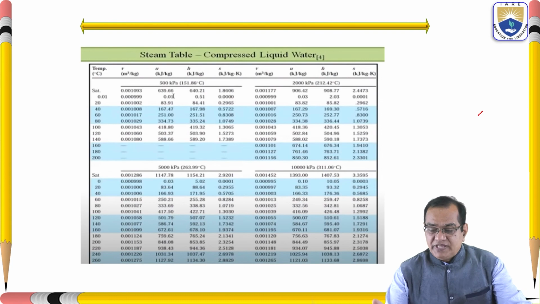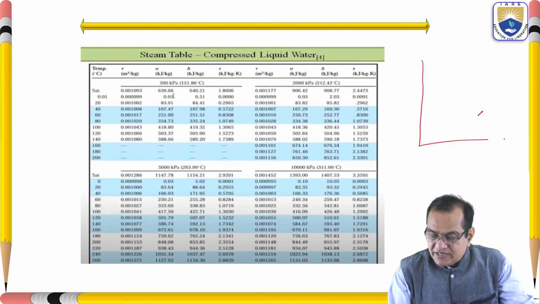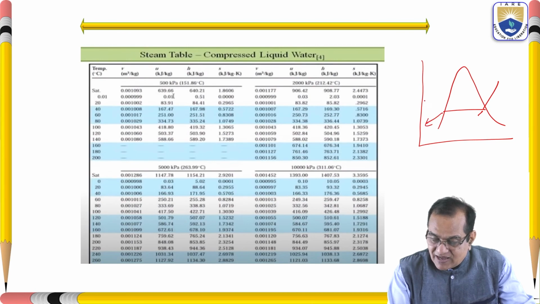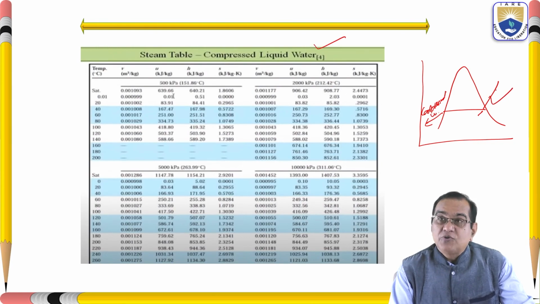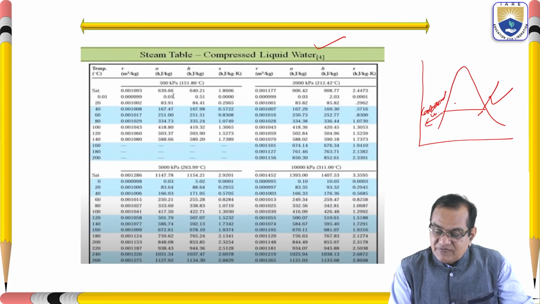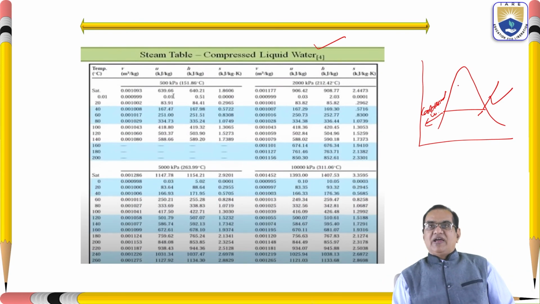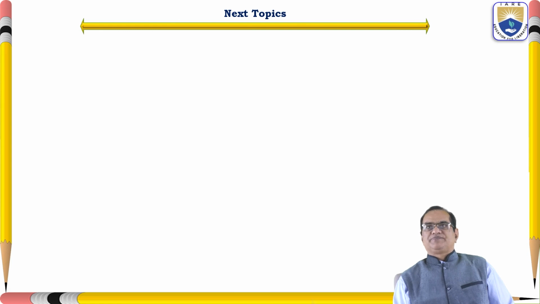Compressed liquid: if I show like this, this area is called the compressed liquid area. So if it is in this zone, you have to use this table. If it is in this zone, you have to use the superheated table. And if it is here, it is a vapor, and that table you have to use.